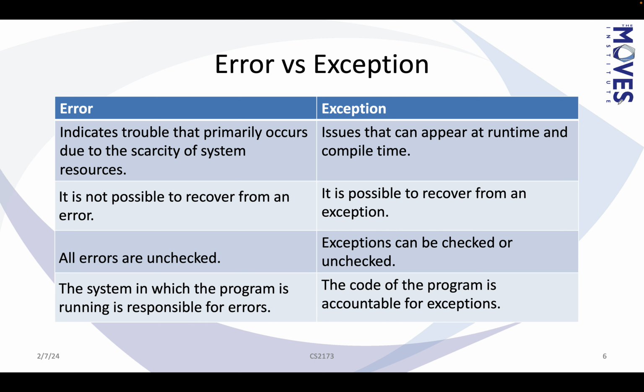If I'm reading a file that has to have a certain format, like a name, then an integer, then a floating point number, and then another number that has to be within a certain range, the program has no control over the integrity of that data coming in. If I need the data from that file to run my program, and the data is garbage, there's no point in trying to run the program until I fix the data.